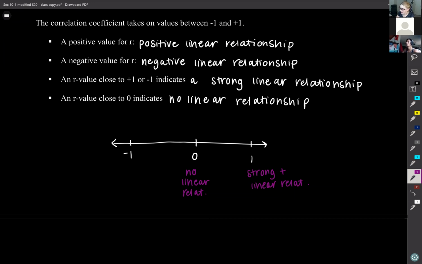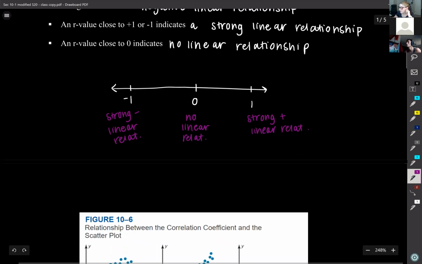And close to -1 would be a strong negative linear relationship. So your R value is going to fall anywhere between -1 and +1, and based on what it is, you can infer whether it's a strong or a really weak relationship. Like, is it positive, but barely positive? That's probably going to be a weak positive relationship. Okay, so that's what the values of R mean.